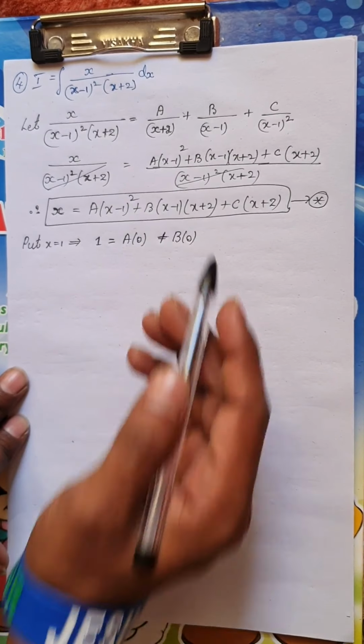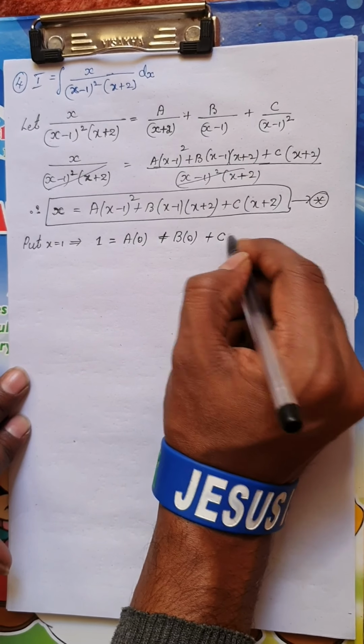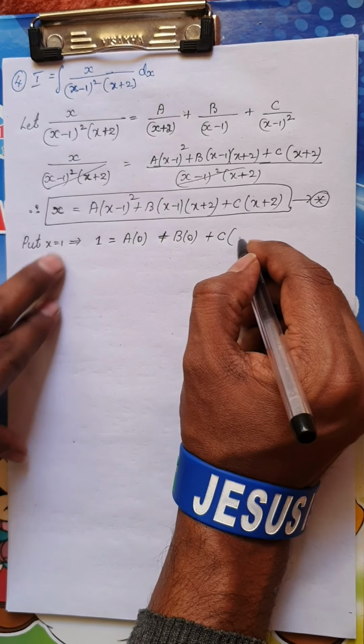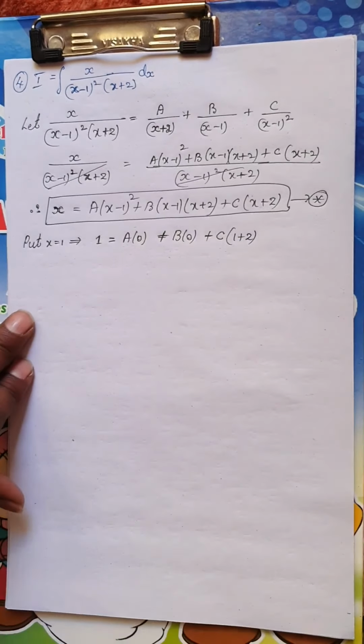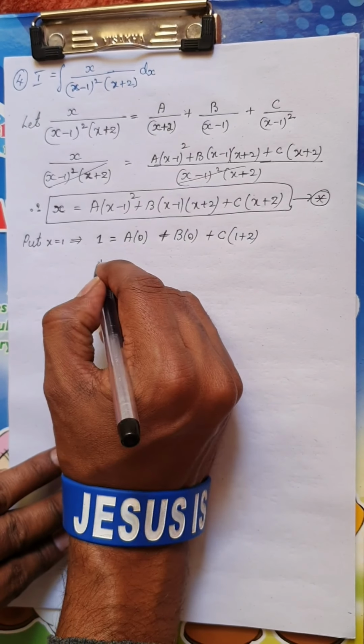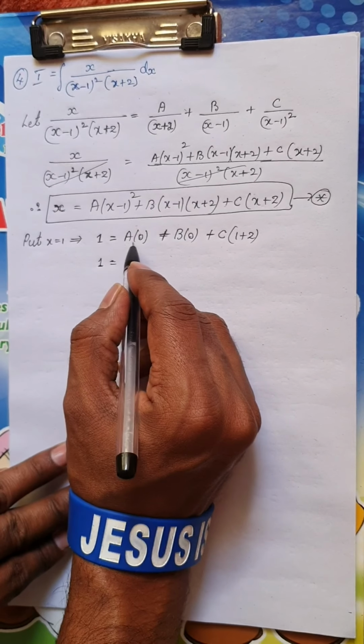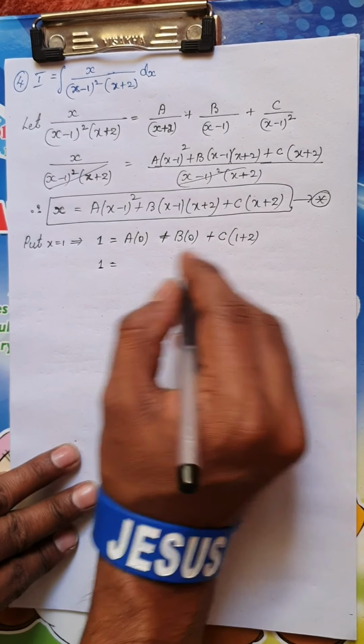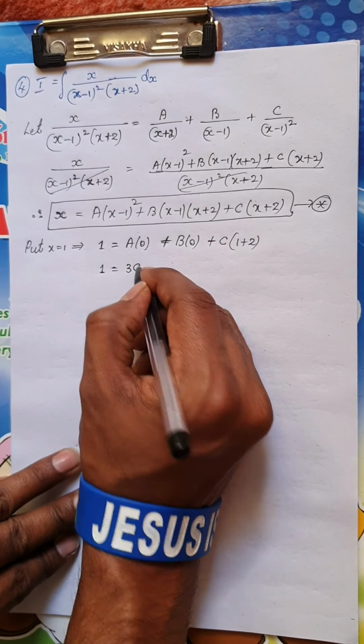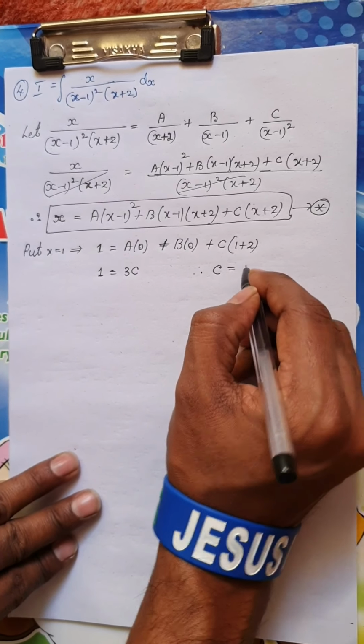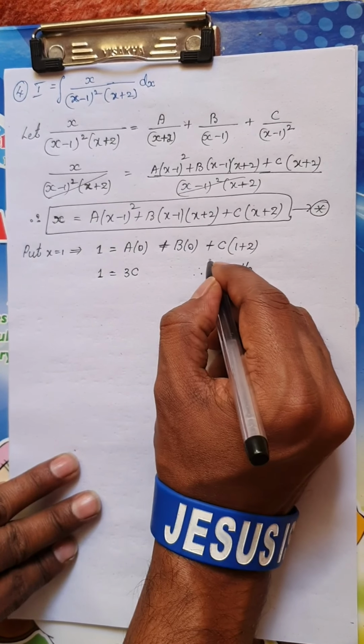So b will be 0 into anything, and you will get the value of c as it is, with 1 plus 2. Therefore you have 1 is equal to a is 0, b is 0, 1 plus 2 is 3, so it is 3c. Therefore the value of c will be equal to 1 by 3.